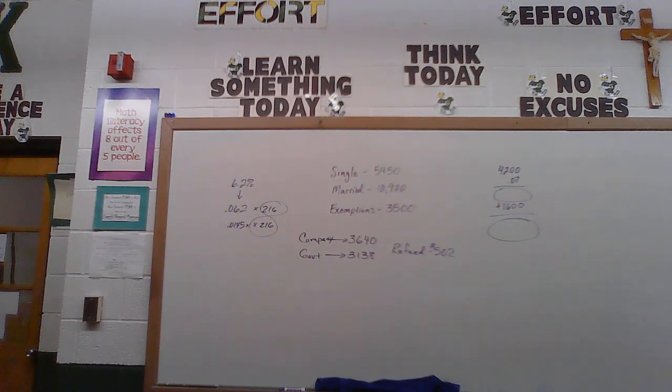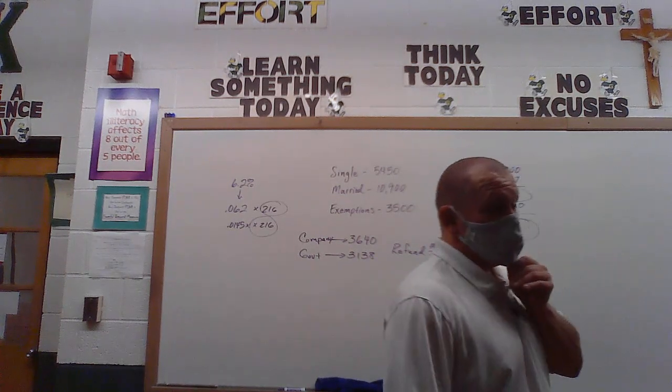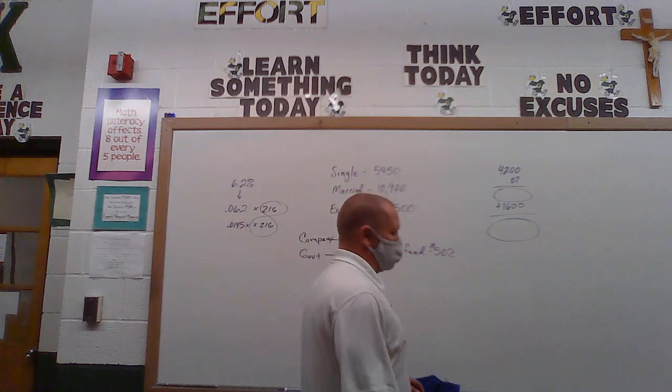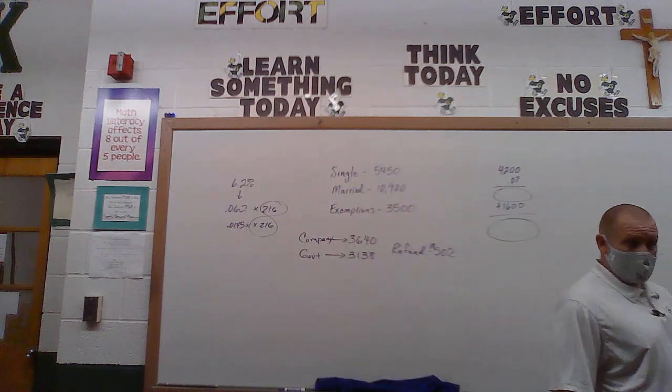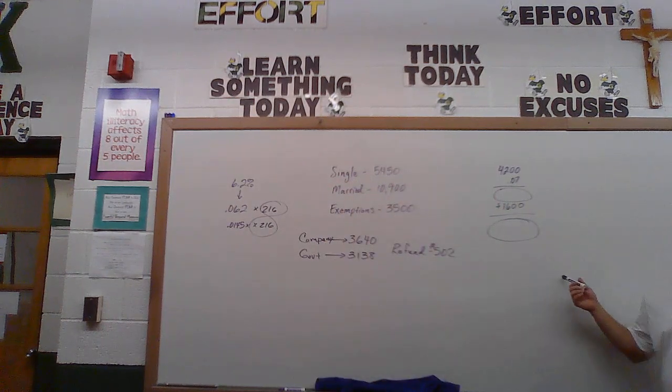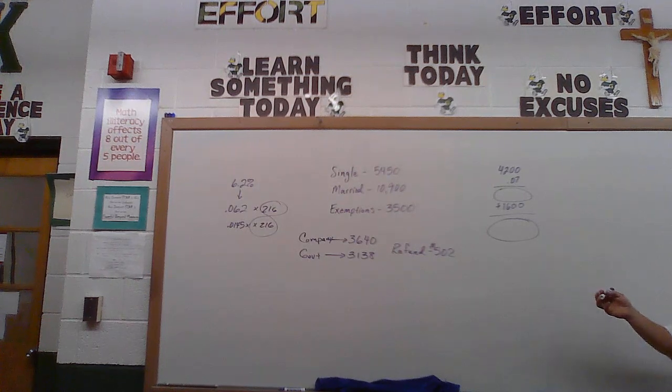For the social security, in the book it says it only goes up to like 102,000 or something. Do you only do social security up to that amount? So if you get past 102,000, you don't pay social security anymore. At all? At all.